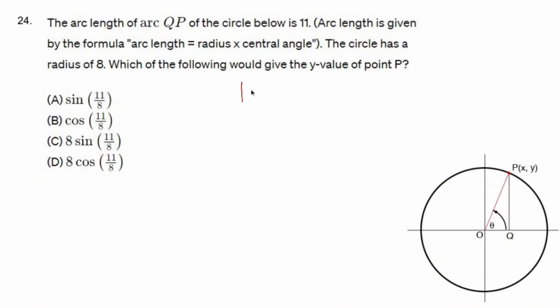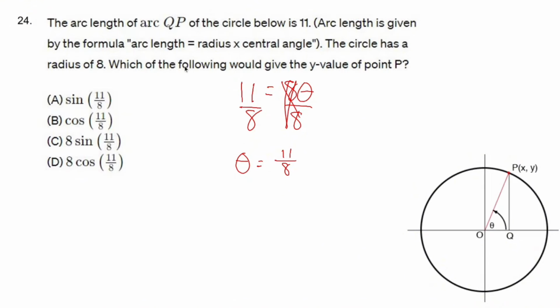So arc length is 11. That's going to equal a radius of 8 times the central angle of theta, which we don't know. So theta is 11 over 8. Okay. Theta is 11 over 8. Well, that's nice. We have the theta part.